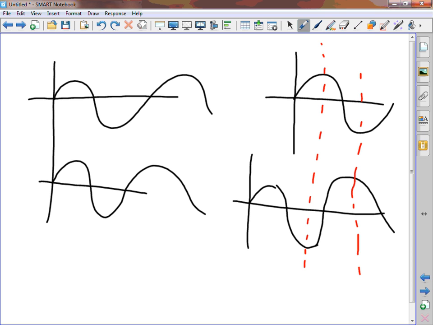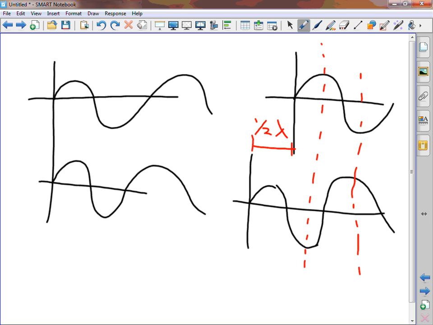You see that? The crest and the trough are now matched up. The trough and the other crest are now matched up. This would be a path difference of 1/2 lambda. Path difference of 1/2 lambda leads to a phase difference, phase being where it's at in the position of the wave.